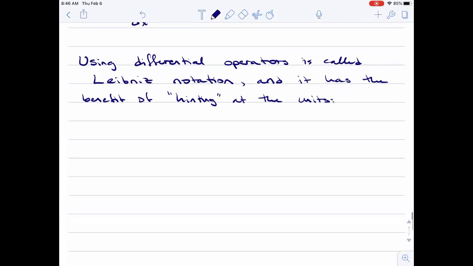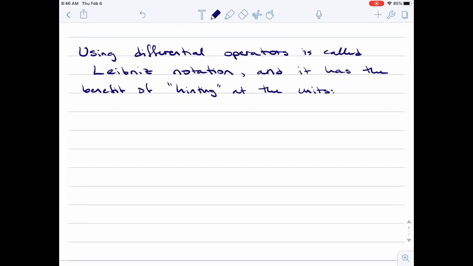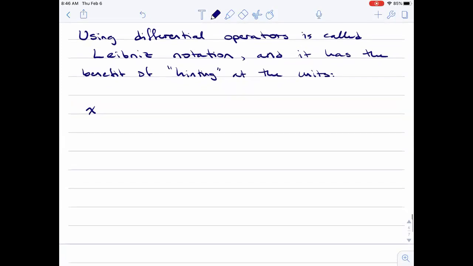For example, if I've got my x, which is my position in meters, then if I take the derivative with respect to t over time, right? Usually if we're talking about distance, we're often talking about time as our independent variable.